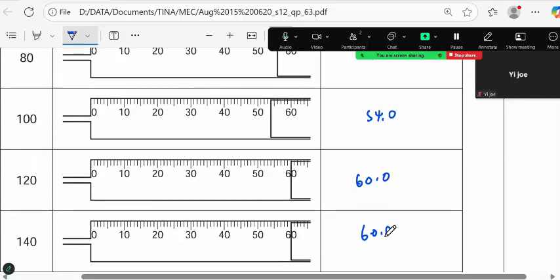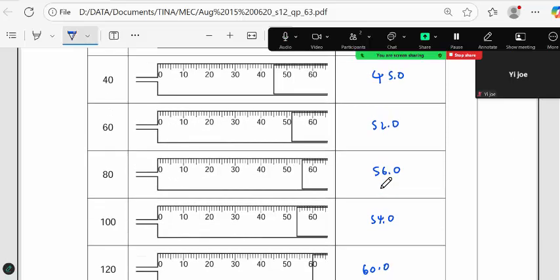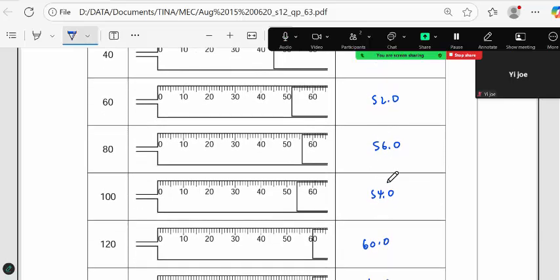Okay, so obviously somebody is wrong. Who is wrong? This one is wrong, right? Okay, what do you call this kind of result? Anomalous.